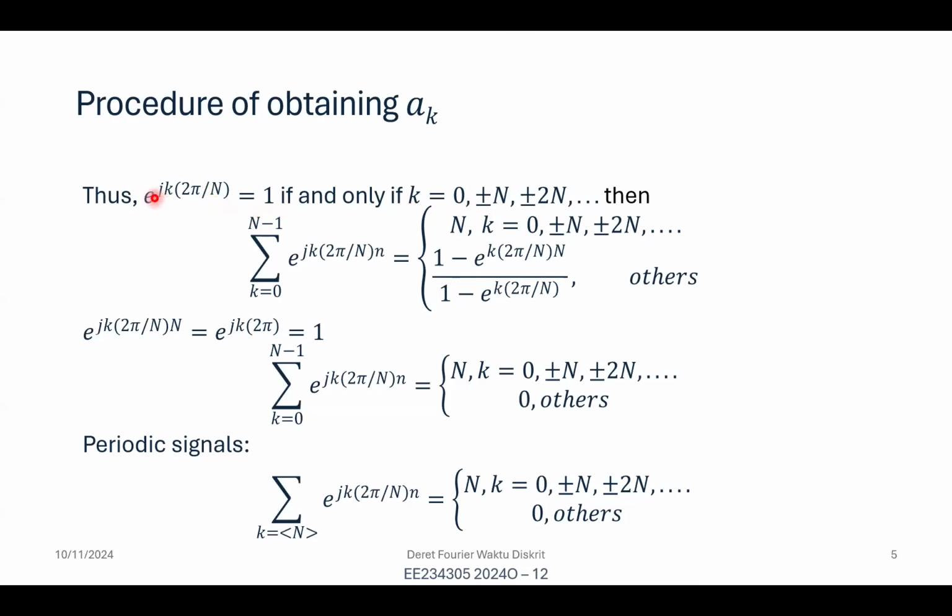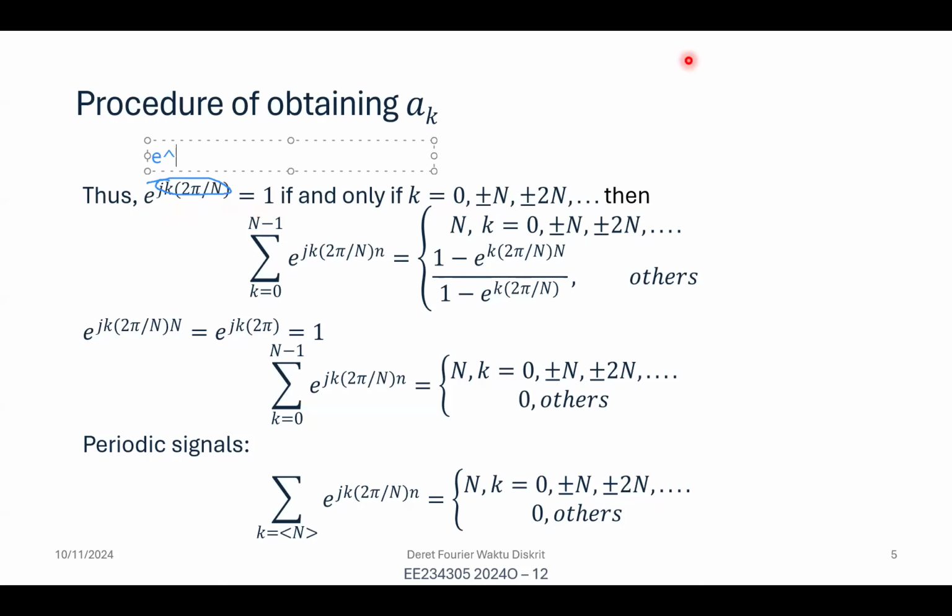This is because if we have e to the power of jk 2 pi over N, we have the trigonometric function of this, right?